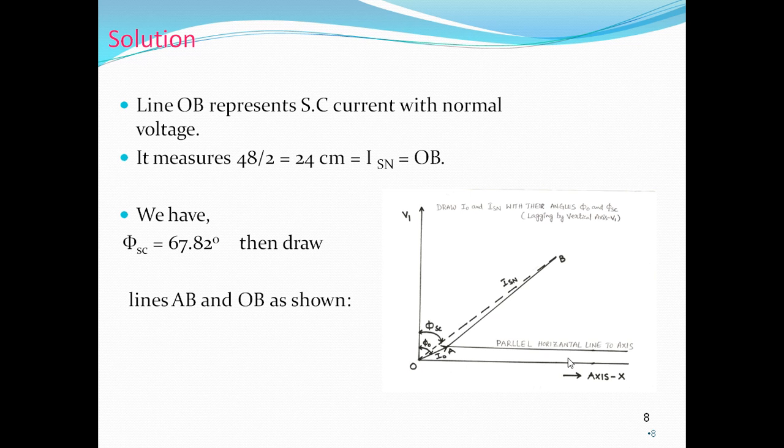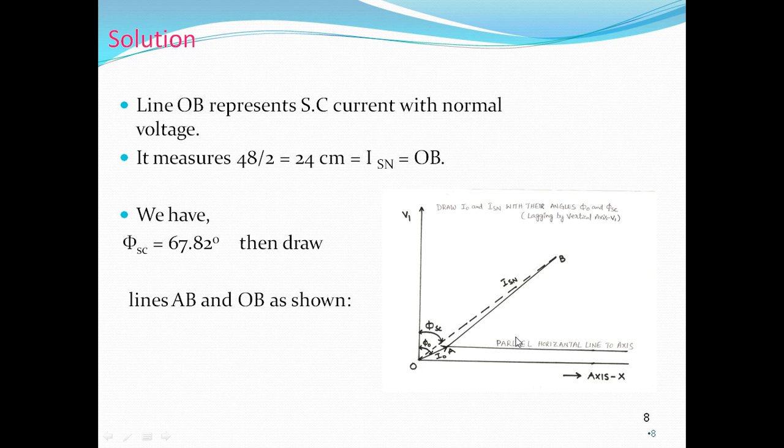Now what we have to do? We have to bisect the line AB. So to bisect the line, what we have to do? We have to take the compass, and the radius is equal to more than half of the length AB, and draw an arc with A as center on both sides of AB.